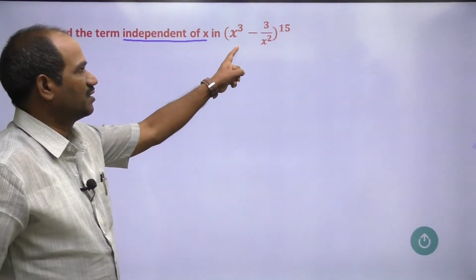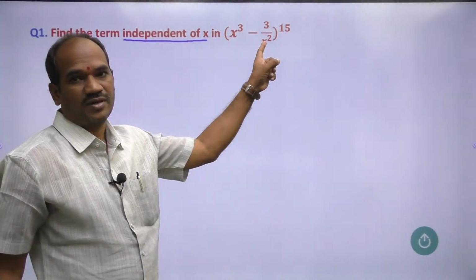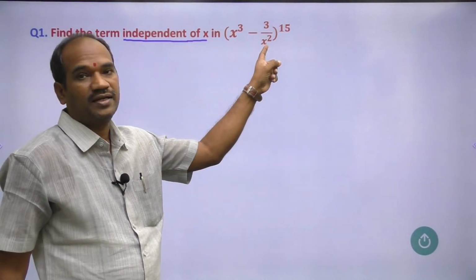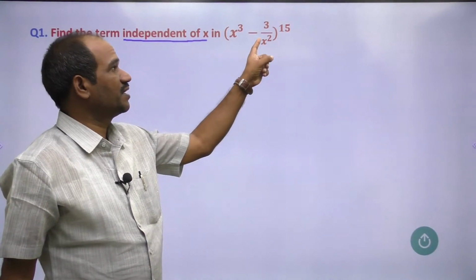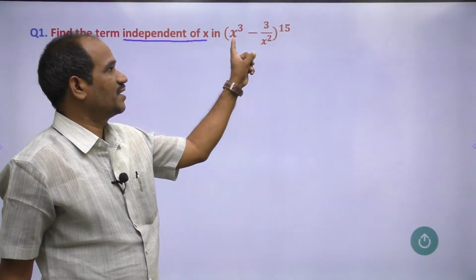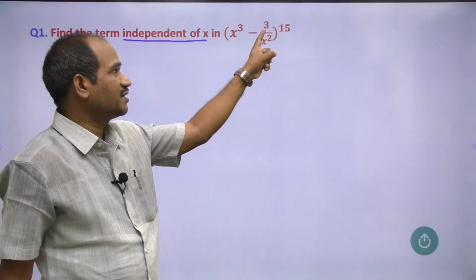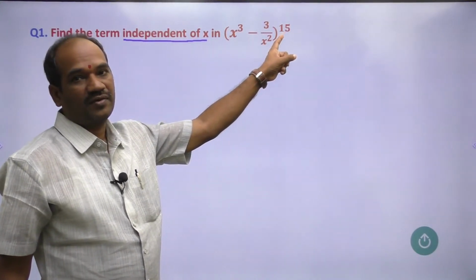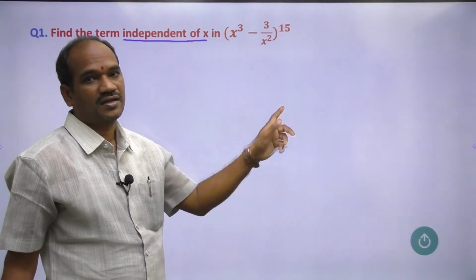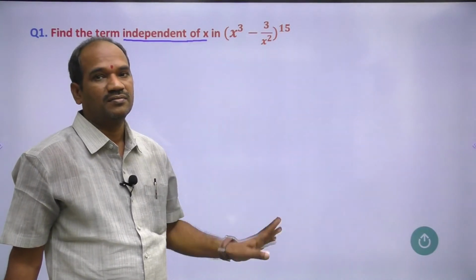This is the binomial expression. First write the general term. Here x is x^3, a is minus 3 by x^2, and n is 15. In all problems, first write the general term.